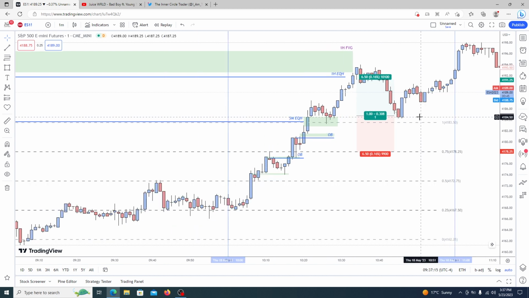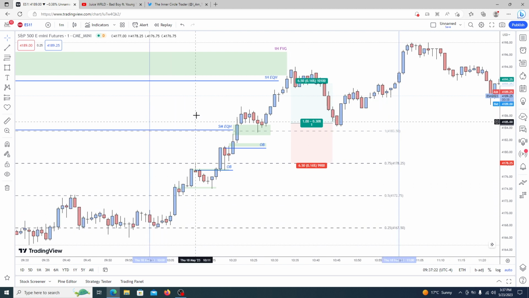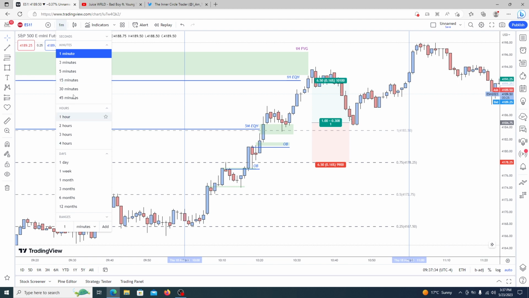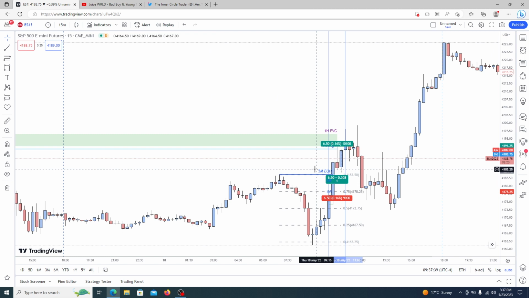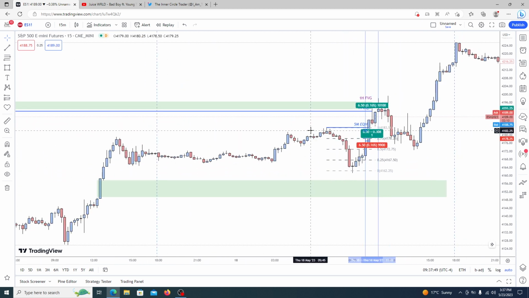So hopefully you've gained some insight from this one, how you would be able to use the Fibonacci tool if it failed in your original expectations, and how you could take that idea and get back in sync with order flow by looking at the higher time frame, and then realizing, okay, we took this sell side liquidity down here, we aggressively traded through the highs, taking buy side liquidity.